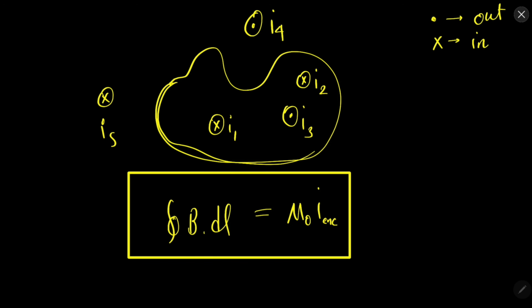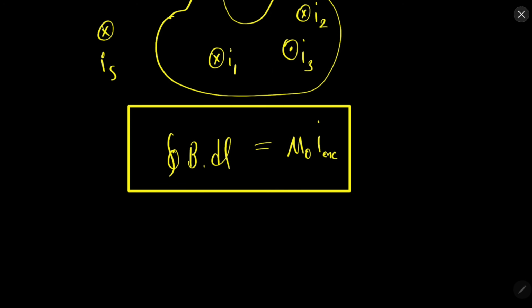Just like Gauss's law states that the integral of E dot ds is equal to charge upon epsilon naught, so electric field depends on the charge. Here the magnetic field depends on the current, because it is produced by the flow of charge. So this is Ampere's law.